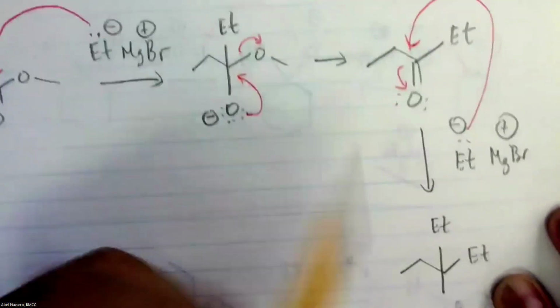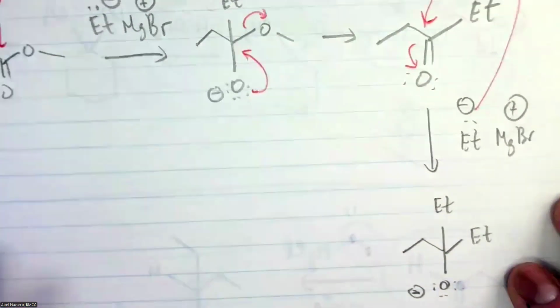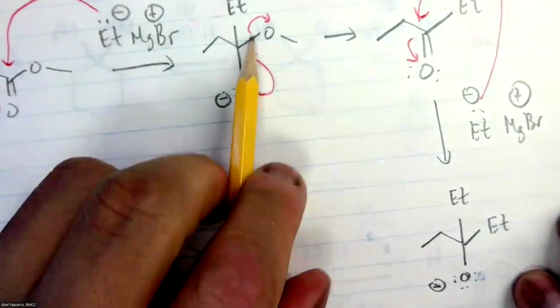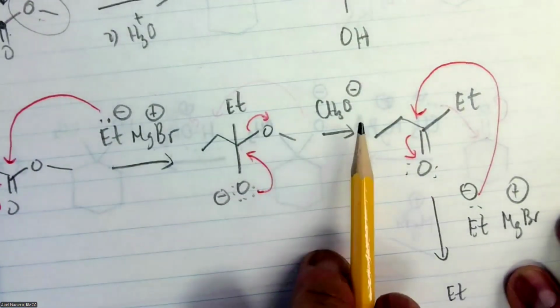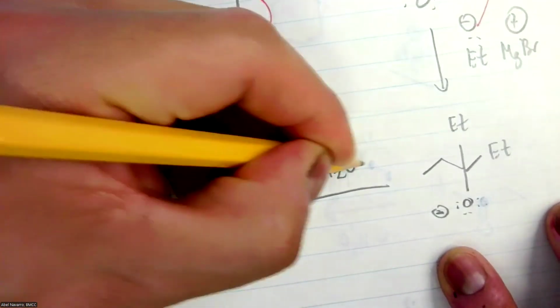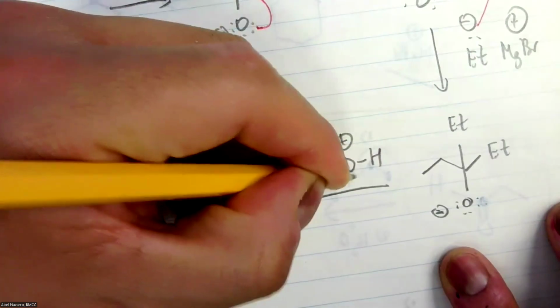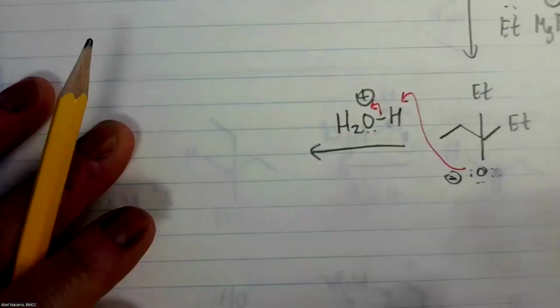And of course, the oxygen takes the electrons, right? Good. Oh, I lost here the CH3O. CH3O was lost as a side product. So here, when I add then the H3O plus, the oxygen takes the hydrogen and this one returns.